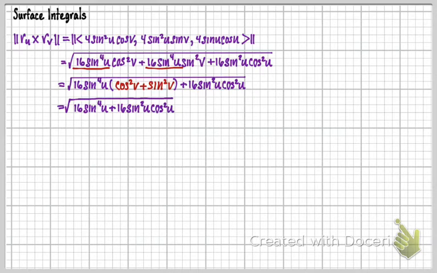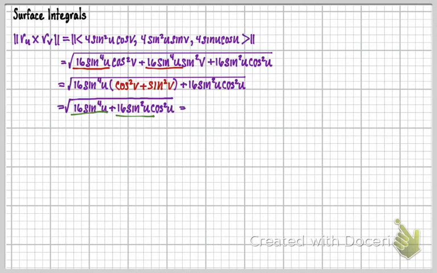square root of 16 sine fourth u plus 16 sine squared u cosine squared u. So now I'm going to pull a 16 sine squared u out of both of these here. There we go.